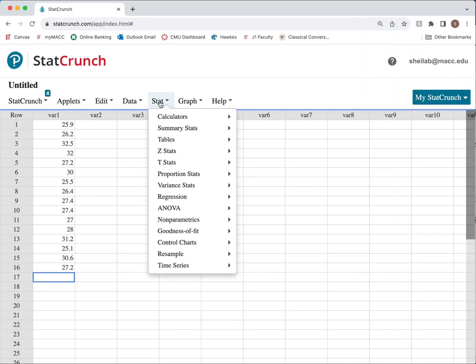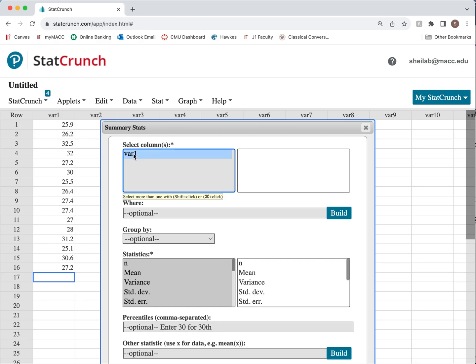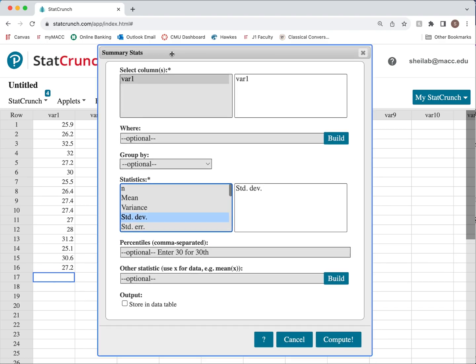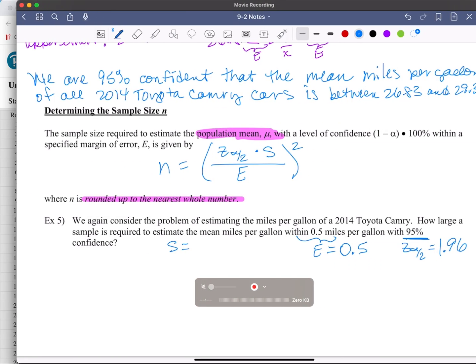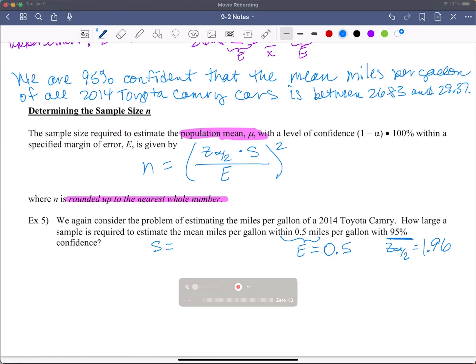We did Stat, Summary Stats, Columns, and we want Var 1, and we only need the standard deviation here. So we're just going to click on that. And our standard deviation is 2.38. 2.38 is what we're going to use for our sample standard deviation.